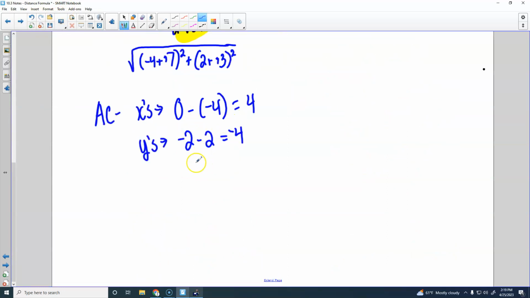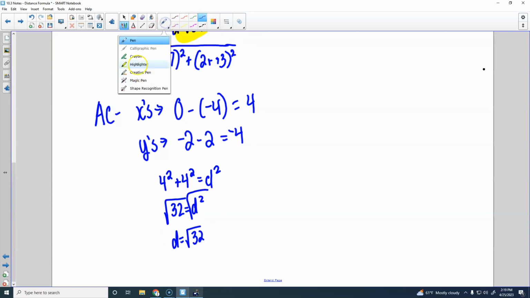All right, so we're going to have 4 squared plus 4 squared equals the distance squared. So 16 plus 16 is 32. We will square root both sides, so we get square root of 32. So that's our last side.